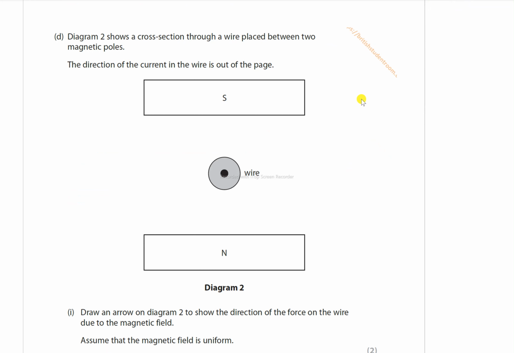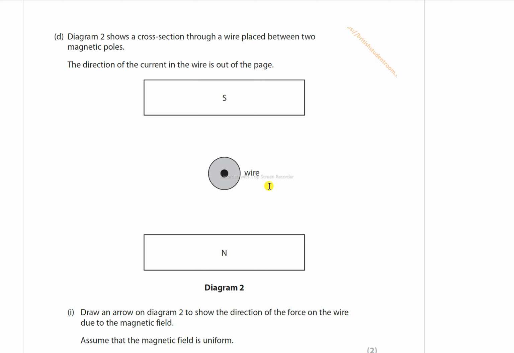Right. Diagram 2 shows a cross section through a wire placed between magnetic poles. The direction of current in the wire is out of the page, so it's coming up towards us. Draw an arrow on the diagram to show the direction of the force on the wire due to the magnetic field.